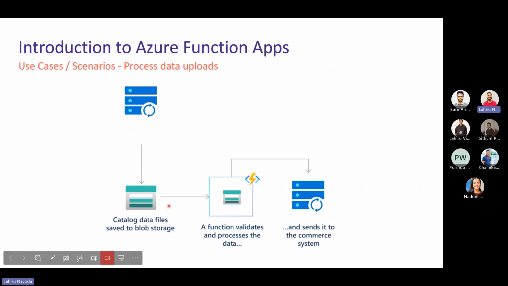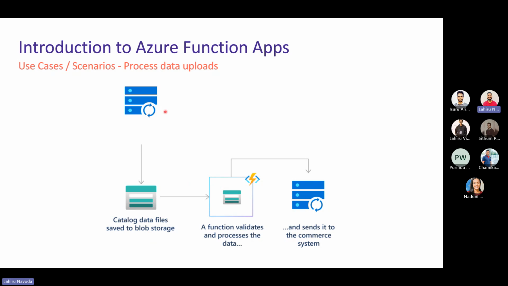You can trigger this Azure function from the blob storage data uploads, do the processing here, and send the processed data into another service or another system any way you like. So we can have this kind of architecture to process data uploads.